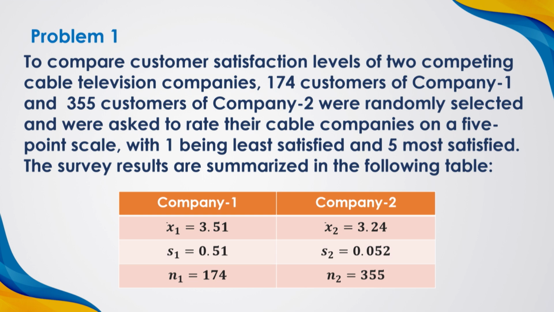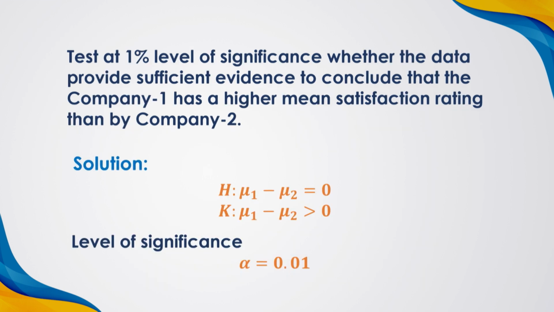The survey results are summarized below. The sample mean, standard deviation, and sample size are given for both companies. Test at 1% level of significance whether the data provides sufficient evidence to conclude that company 1 has a higher mean satisfaction rating than company 2.